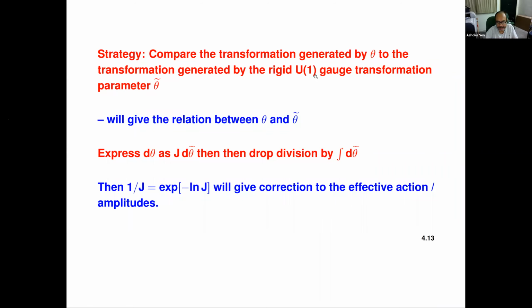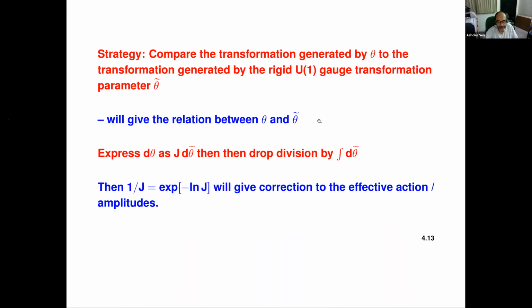We had discussed on the first day that theta represents the rigid U1 gauge transformation. By comparing these transformation laws, we will find a relationship between theta and theta tilde. We expect that to leading order theta and theta tilde should be the same, and then there will be further corrections.